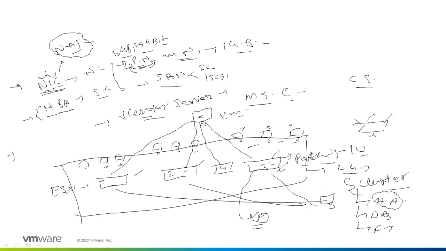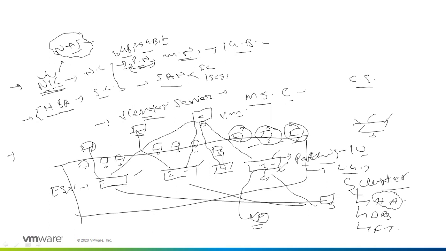If it's a cluster, we have a facility to move all these VMs to another host that is part of this cluster. Once they move, this host is empty, we do the maintenance activity, bring the host online, and then some of the VMs can be moved back to this particular host.